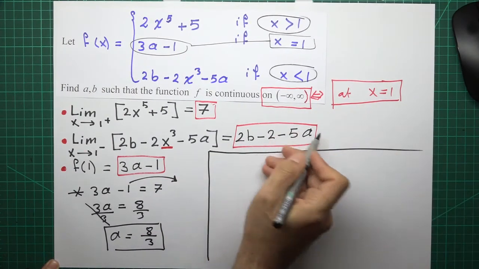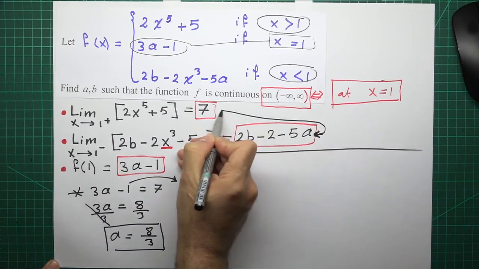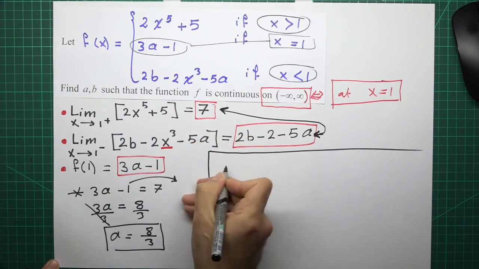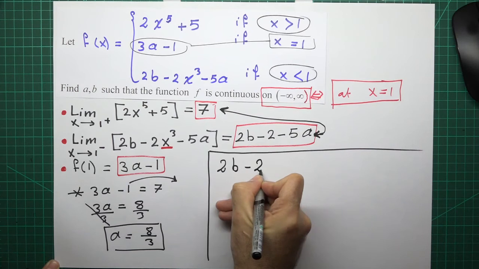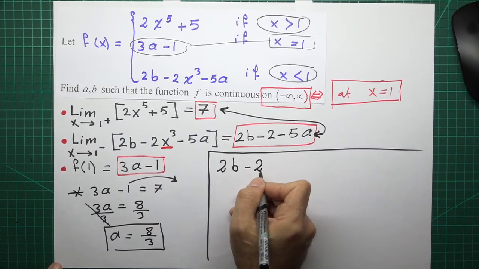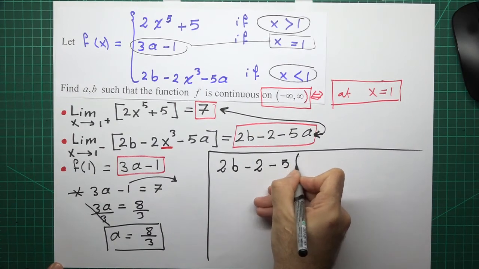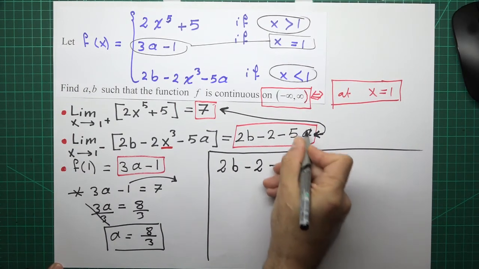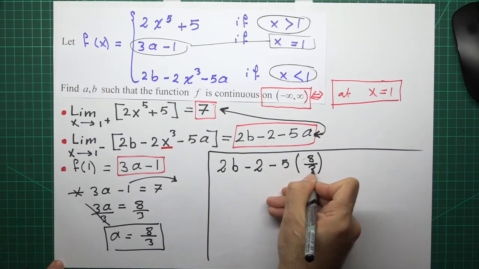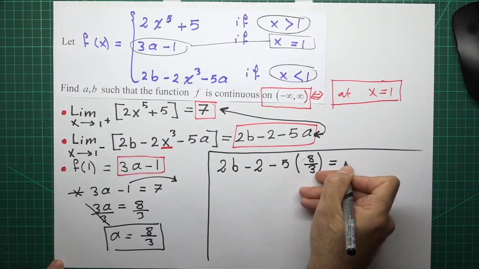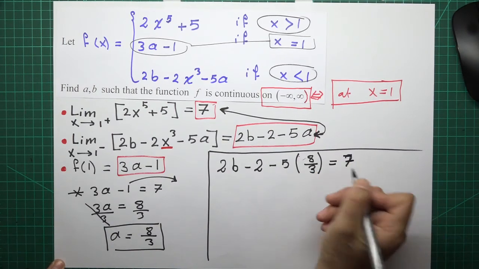To find b I will assume إنه this equals to 7: 2b minus 2 minus 5 times a، but we know the value of a, 8 over 3، equals to 7.